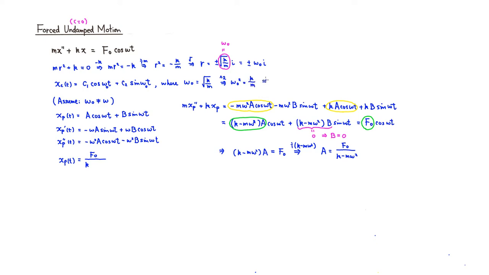Then we can multiply both sides by m. So we have m omega 0 squared is equal to k. So we can rewrite this by plugging in k is m omega 0 squared. We can rewrite this as F0 over, right, both have m, so I'm going to pull m out. Then you have omega 0 squared minus omega squared.